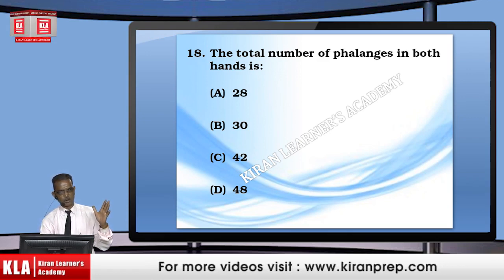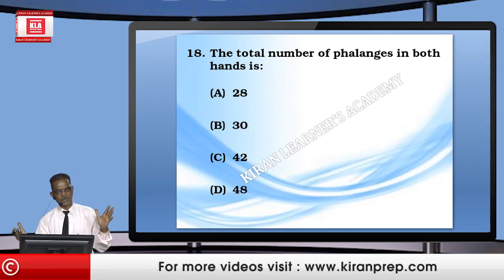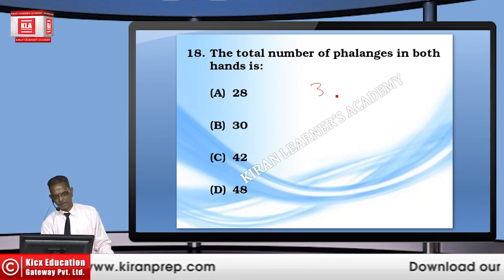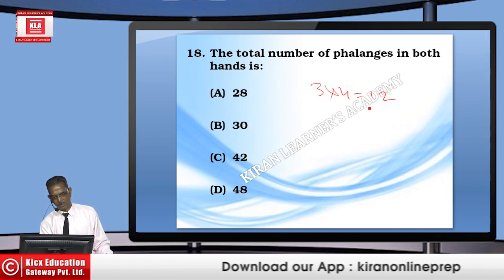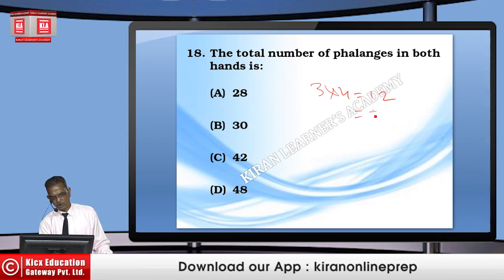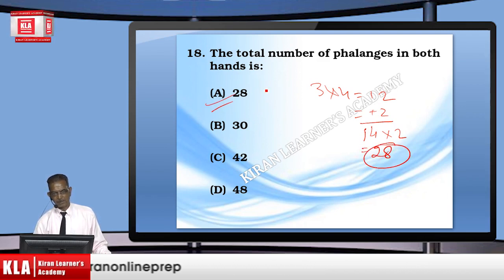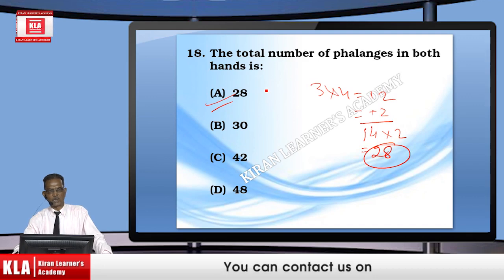And the question is both hands, so 14 into 2 makes 28. Hence 28 is the correct option.